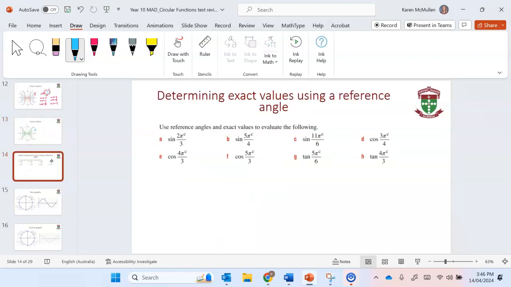All right, so determining exact values using a reference angle. So you need to always find your reference angle to work out your exact values. So first of all, we've got 2 pi on 3. So you need to work out which quadrant you are in. So this is our second quadrant. So sine 2 pi on 3 is equal to sine of pi minus 2 pi on 3.